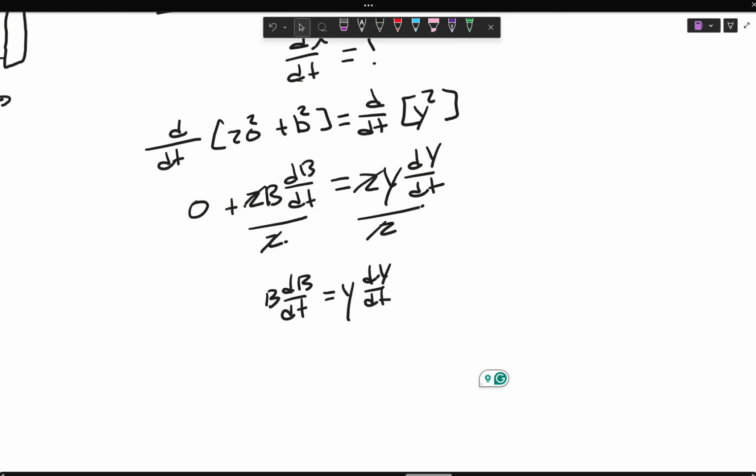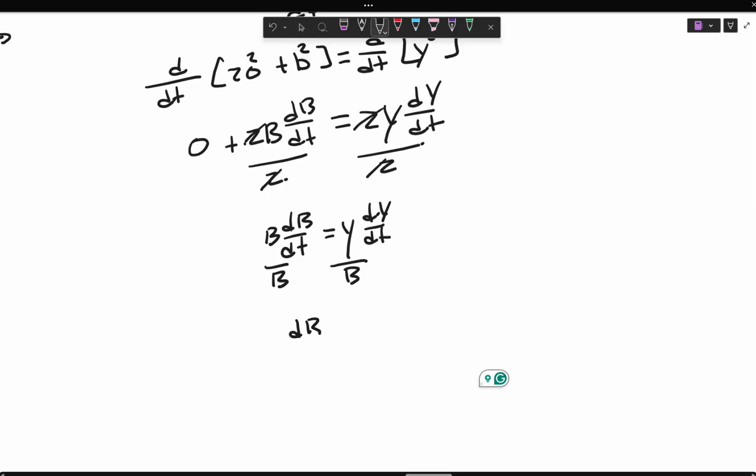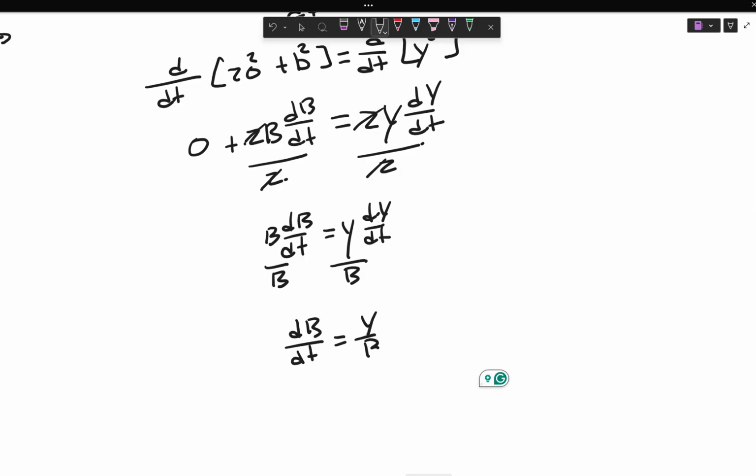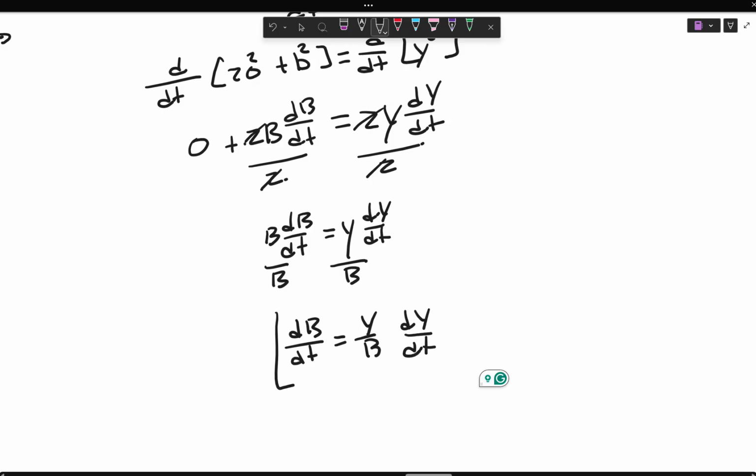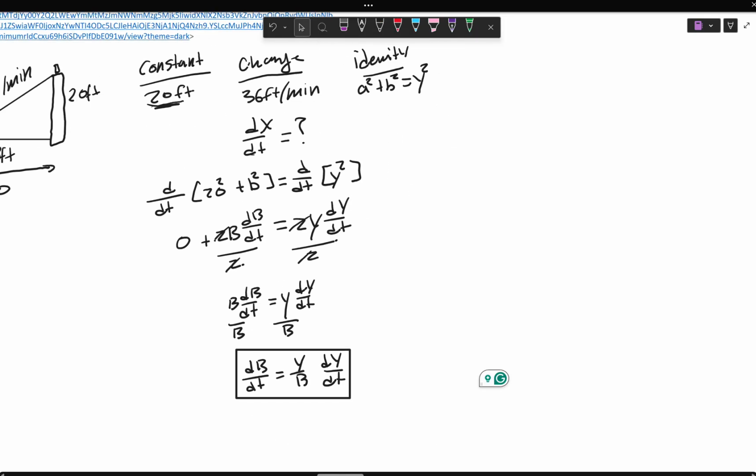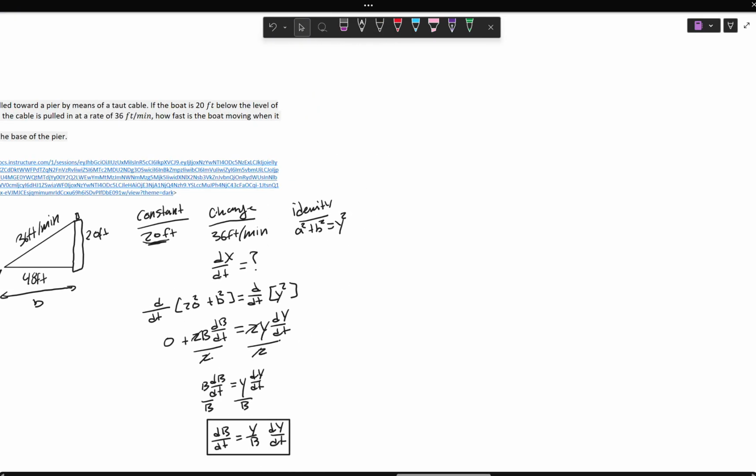b is being multiplied to db over dt, so the opposite of multiplication is division. So db over dt is equal to y over b times dy over dt. And this is how we're going to find the speed of the boat when it is 48 feet from the base of the pier.